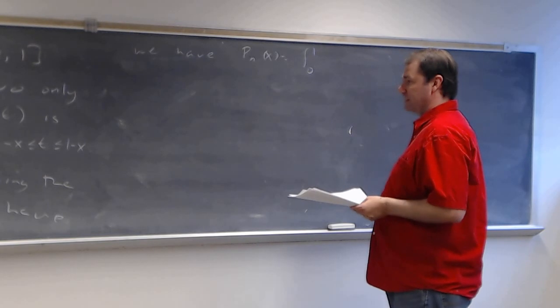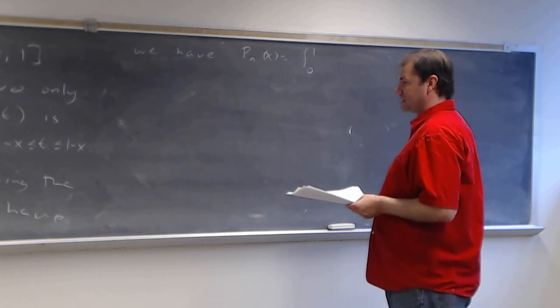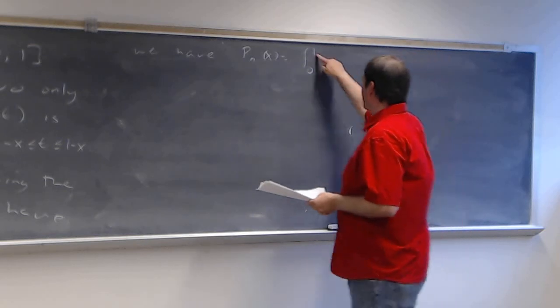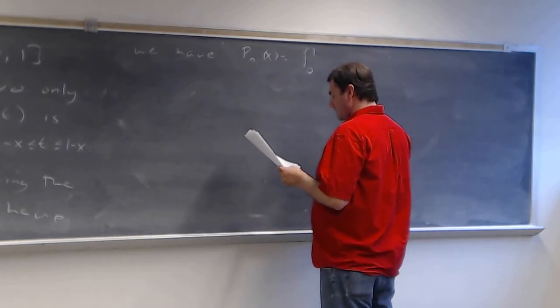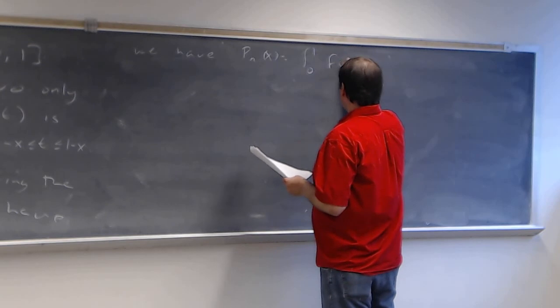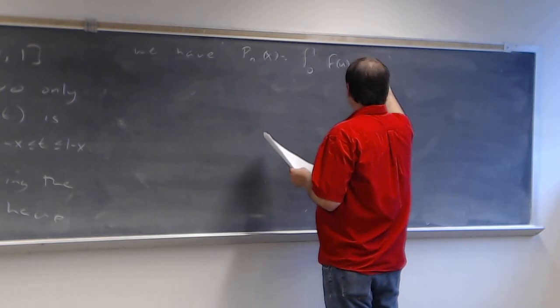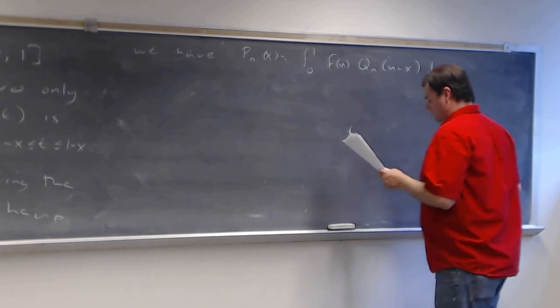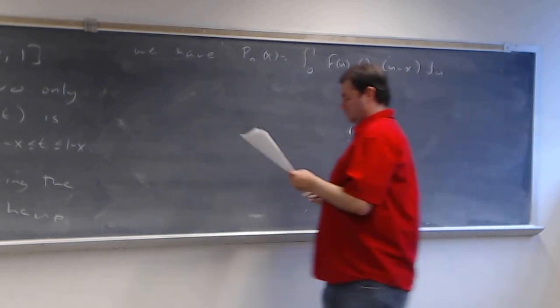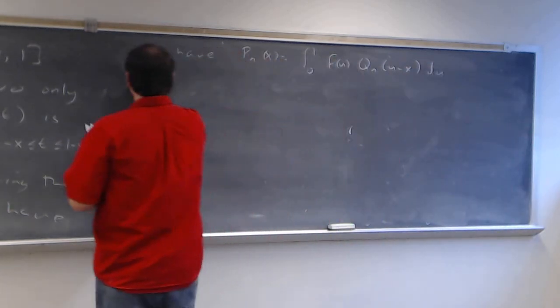The top is going to be 1 minus x plus x, so that's 1. That's how we got these two. That's what u runs from for the limits of integration. This would be f of u, q sub n of u minus x, and then du.